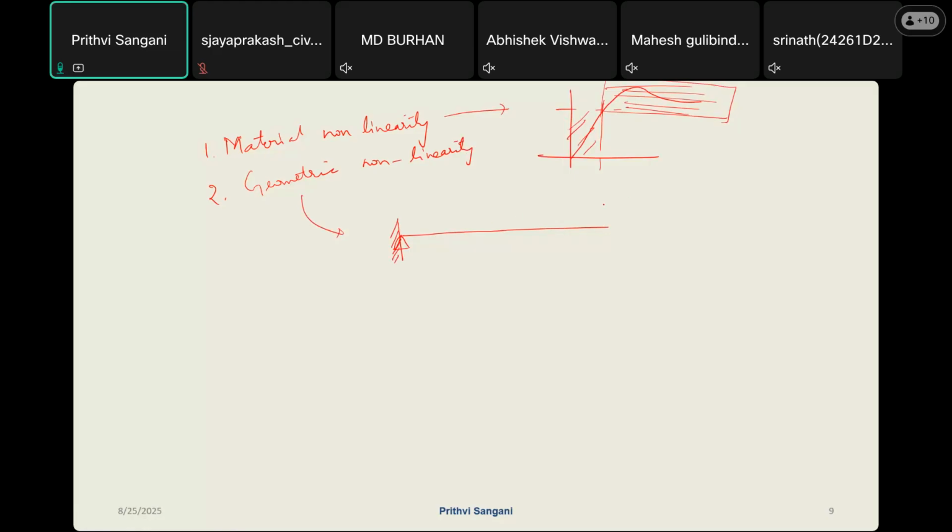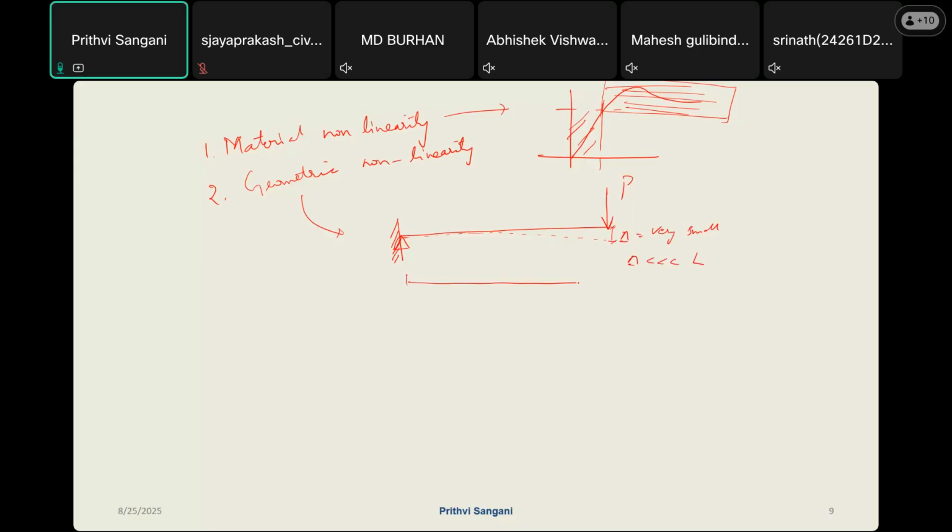Let us say this is a cantilever beam, and you are applying a force P. One assumption in all our undergraduate analysis is that the material is linear and the deflections are very small. These deflections are very, very small when compared to the span.